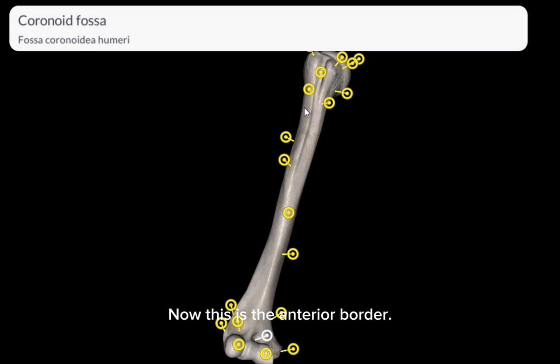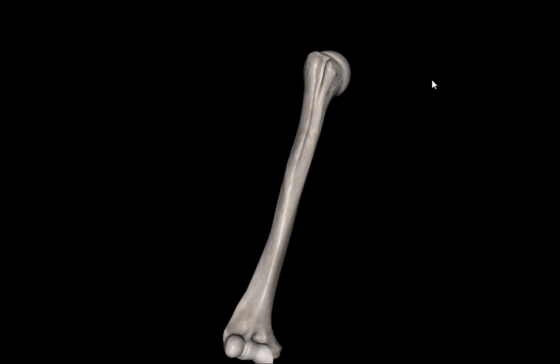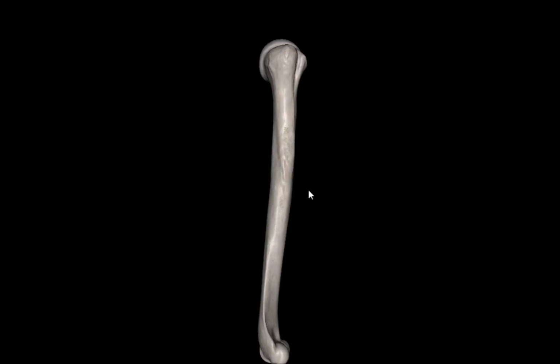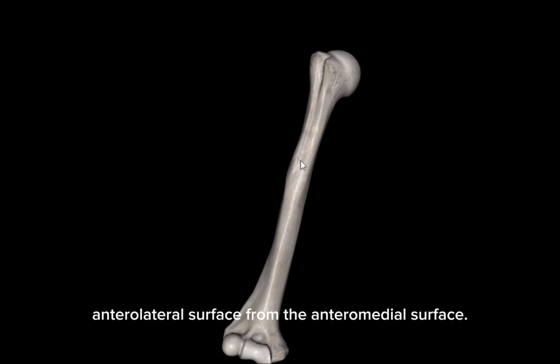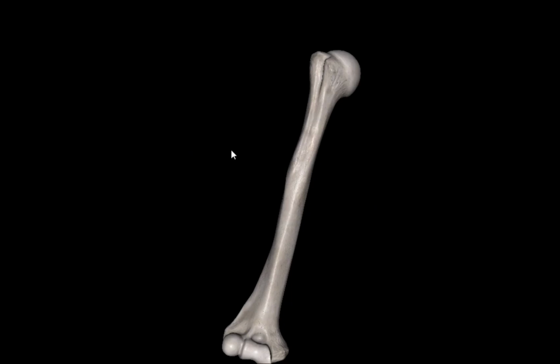Now this is the anterior border. The anterior border separates the anterolateral surface from the anteromedial surface.